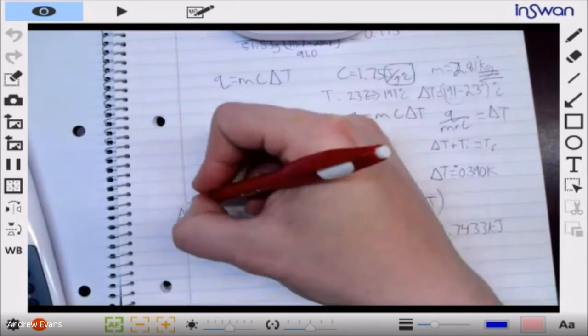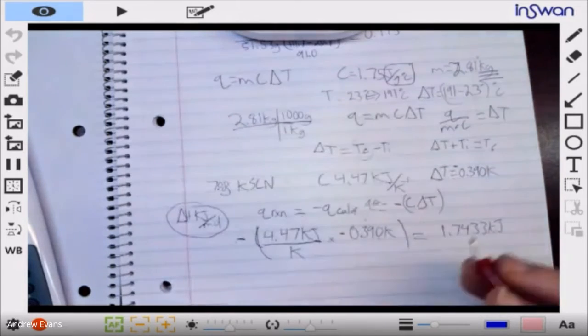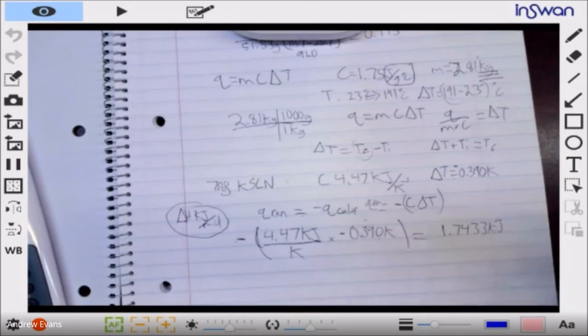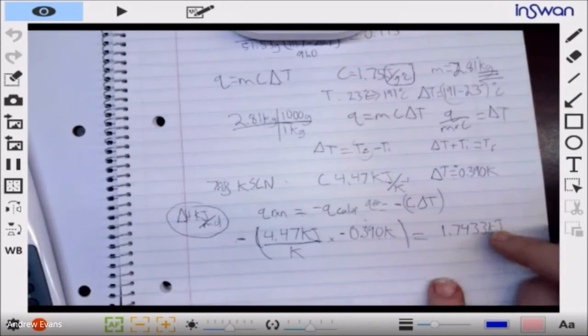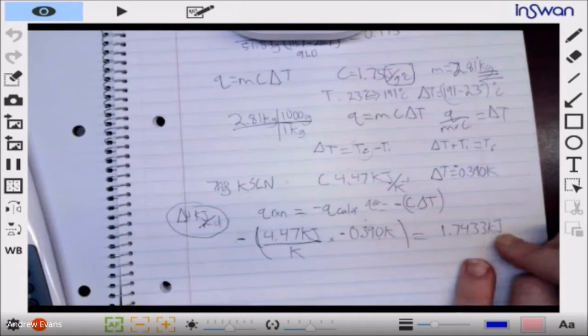What does the final answer need to be in? Kilojoules per mole. We have to watch out. This is a straight up extensive number that we're looking at. This is the actual number we read. However, we're looking for an intensive ratio, a ratio that will be the same per mole no matter what.